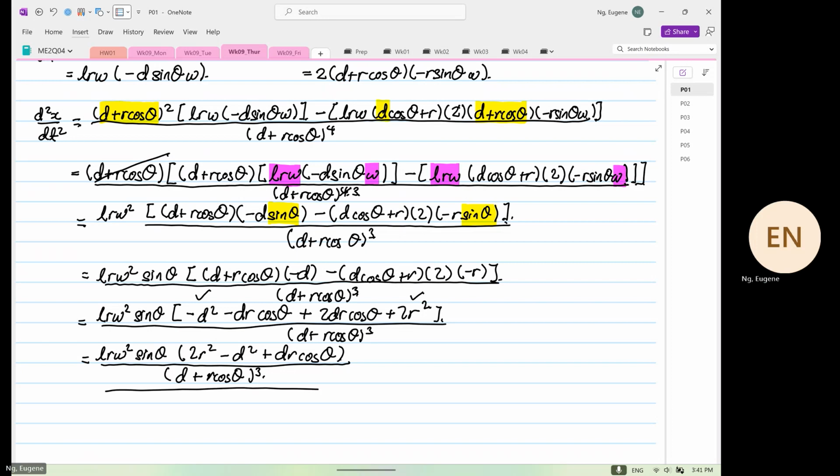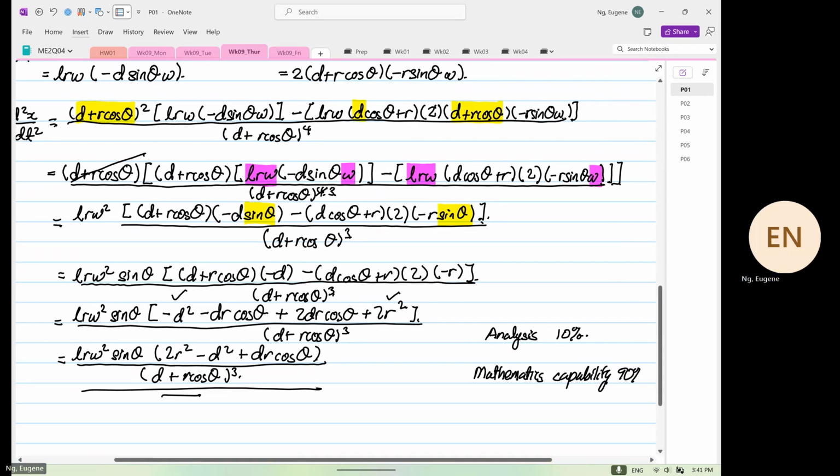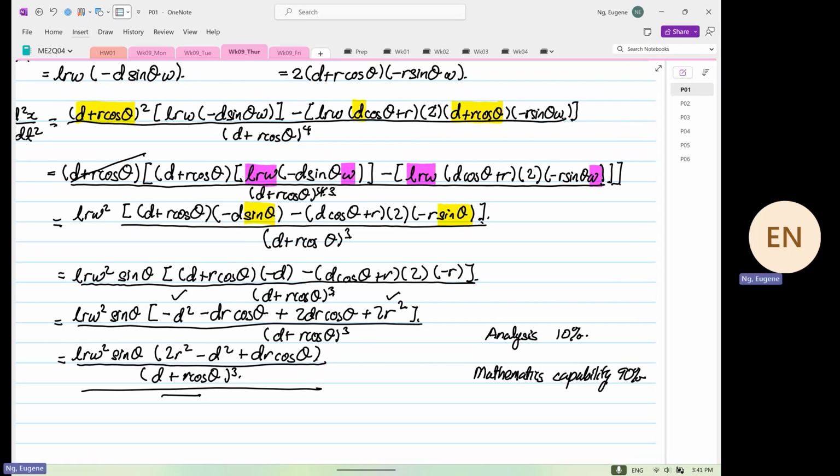That's it. So you can see for a problem like this, analysis is only 10%. Mathematics capability is 90%. So math, you have to be very comfortable.